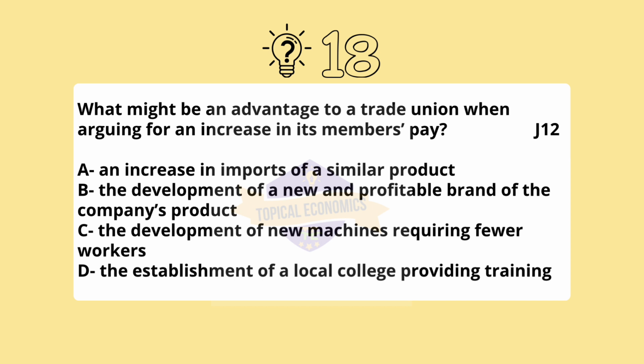In contrast, when you look at the other options, either they do not relate directly to the company's profitability, or they imply negative conditions that would weaken the union's bargaining position. So the answer for this question would be option B. The development of a new and profitable brand of the company's product.